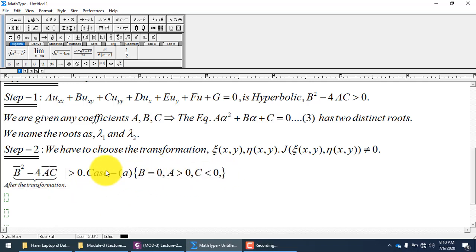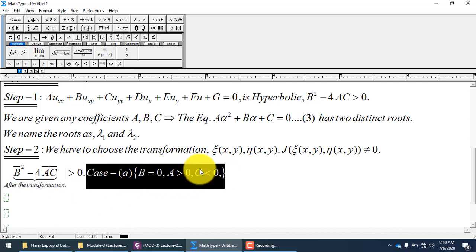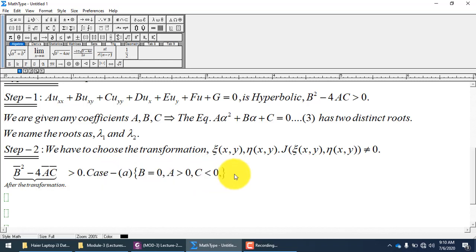One more case, case B, is this. If you don't take B equal to 0, B can be any value but not equal to 0. So if B is not equal to 0, B square will be positive, whether B is negative or positive.